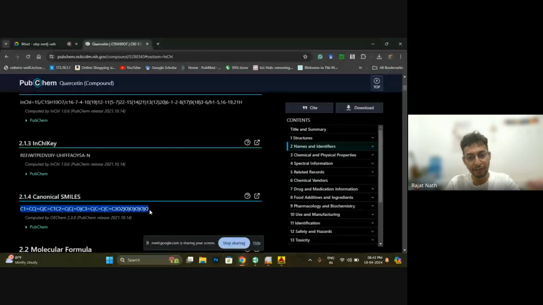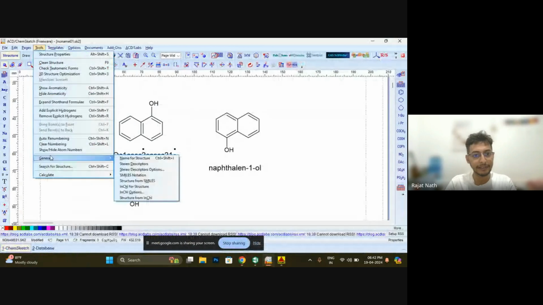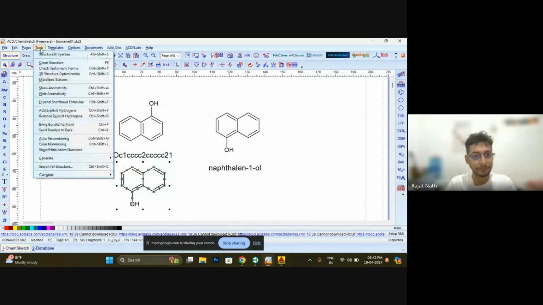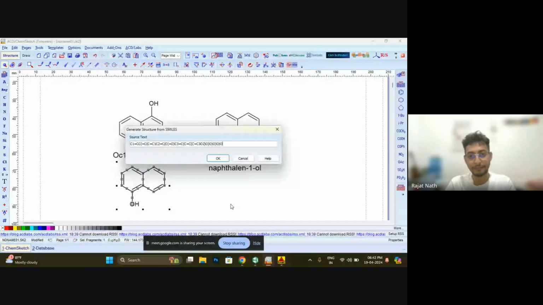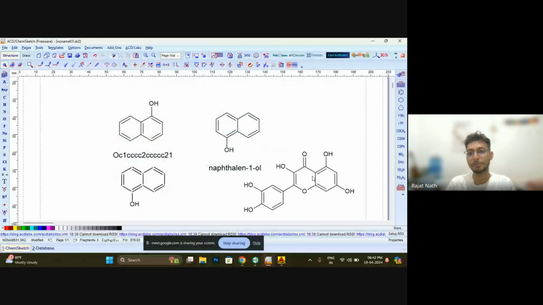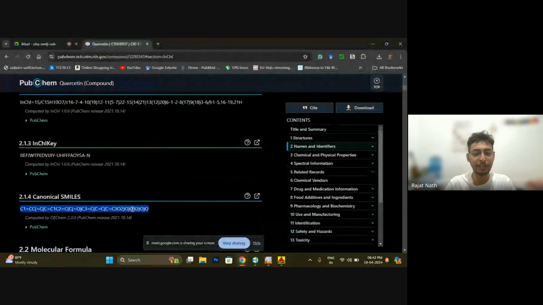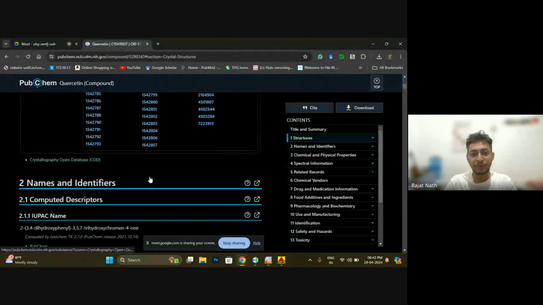If we select this canonical SMILES, copy it, go to ChemSketch, go to Tools, Generate, Structure from SMILES, and click this, the structure will be generated here. Okay, so this is the process of how we can get the canonical SMILES from the PubChem server.